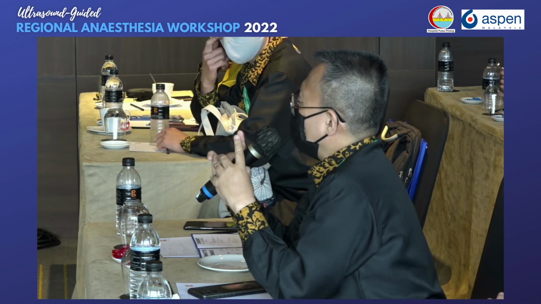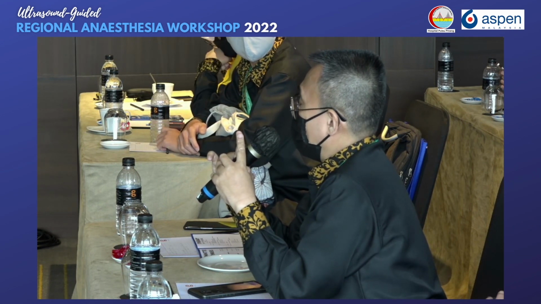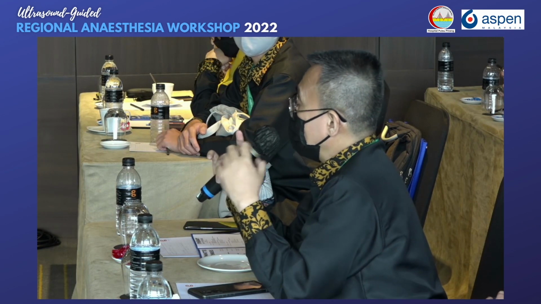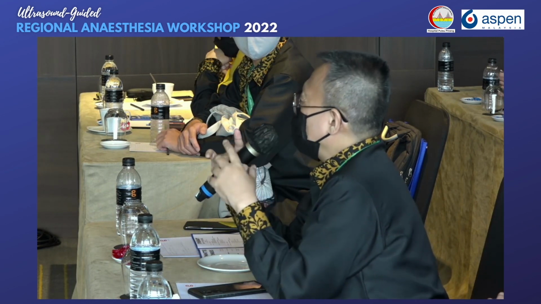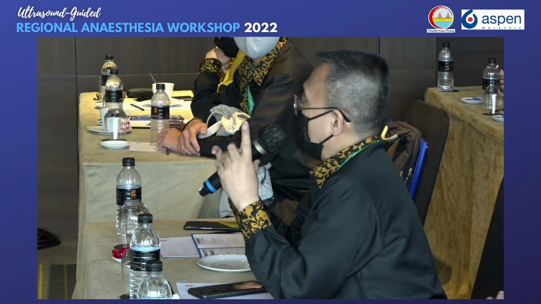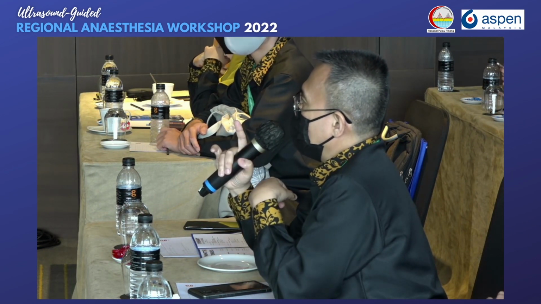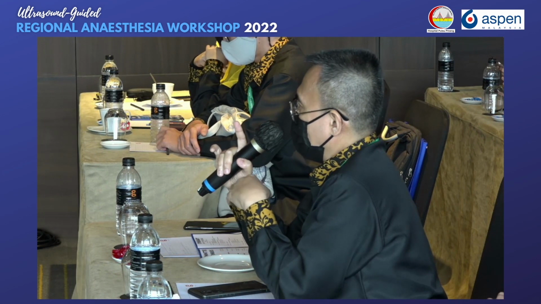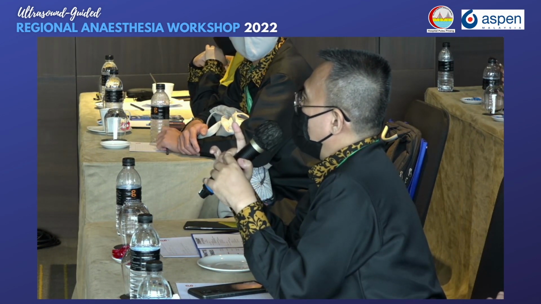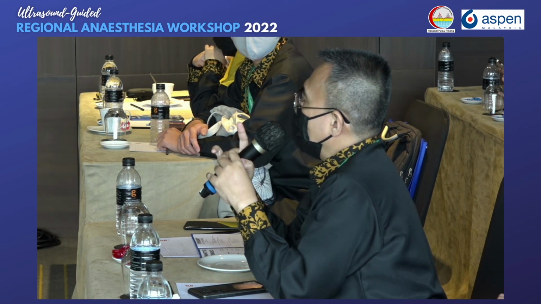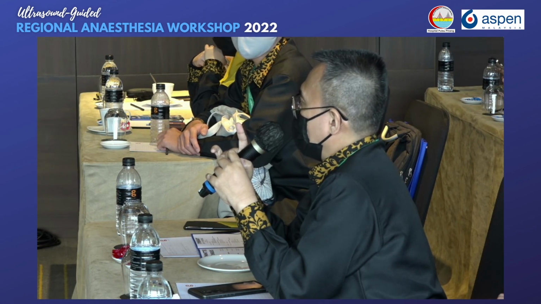And there's a difference on the site of where you want to inject for you to perform a PECS2 block for mastectomy and axillary clearance compared to a second injection of that PECS2 block for vascular access procedures of the axilla or the upper arm. For mastectomy and axillary clearance, you want to perform the second injection of PECS2 block at the third and fourth rib.